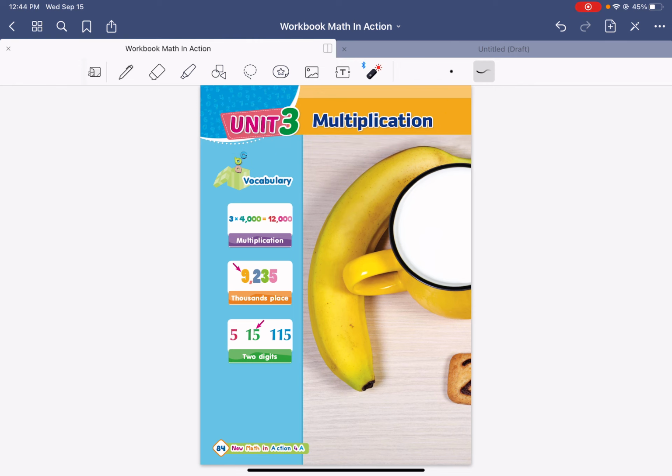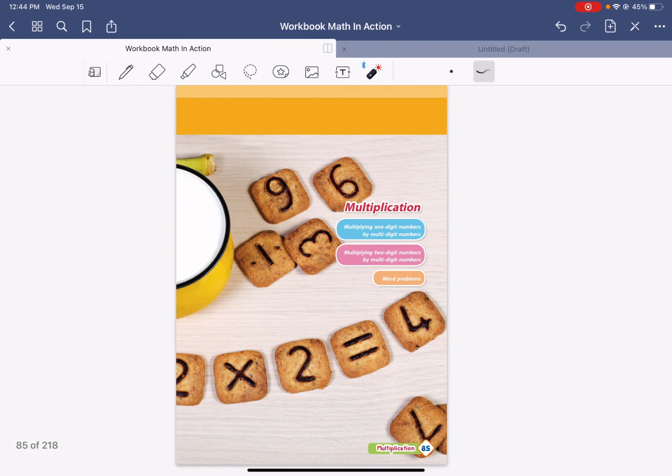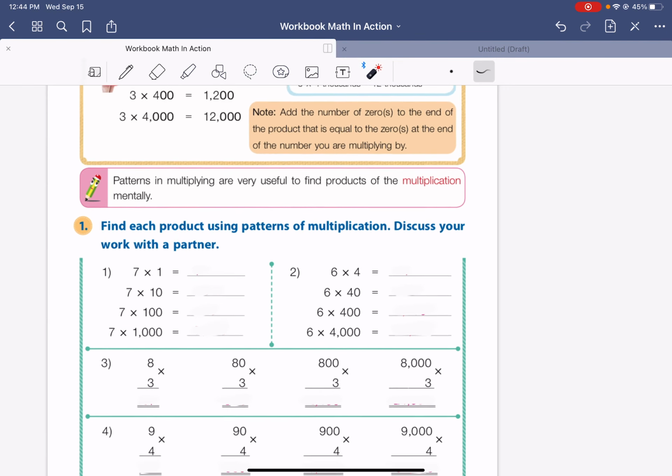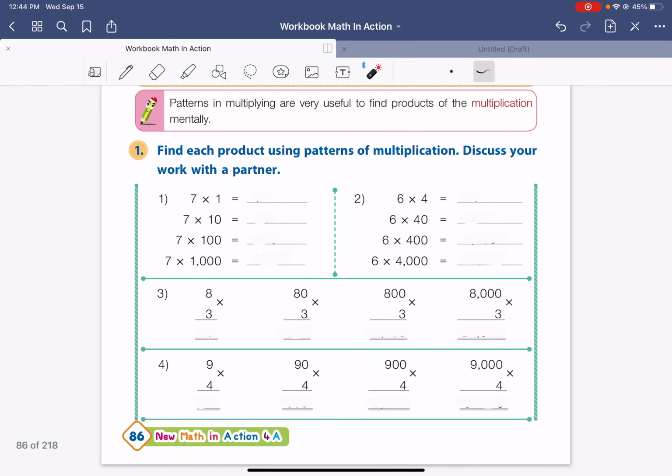Multiplication. I think we already know how to do a little bit of multiplication. Let's try this a bit. 86. We're gonna do 86, right? So these are patterns, right? 7 times 1, 7. 7 times 10, 70, right?